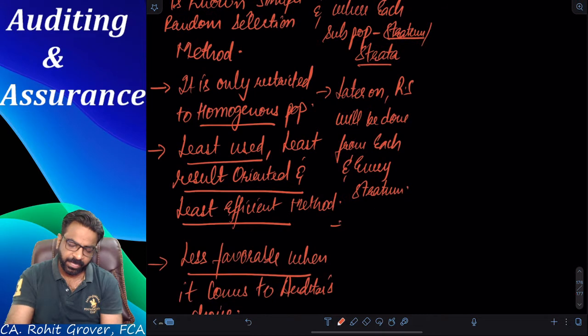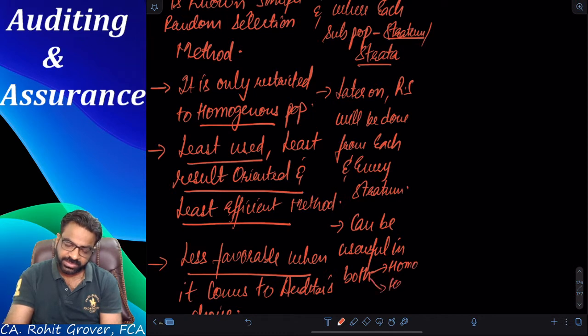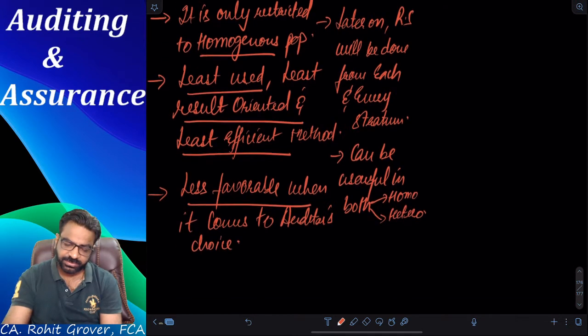Right or not? What is the advantage? It can be useful in both situations, either a homogeneous or a heterogeneous population.